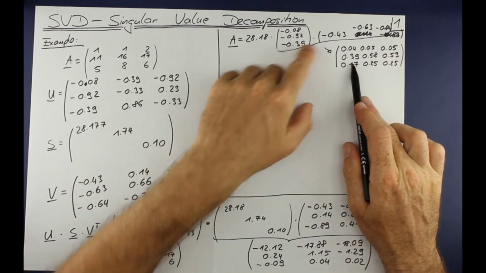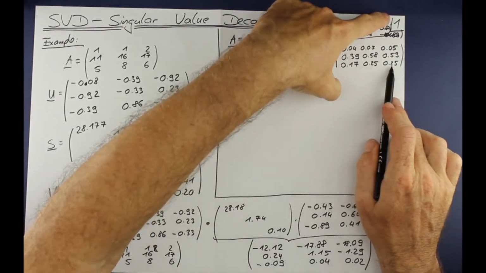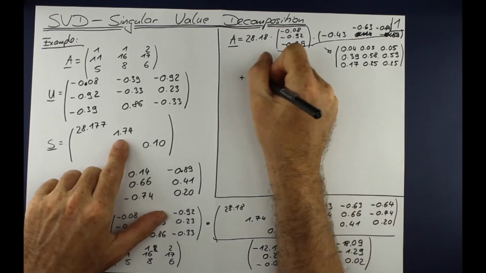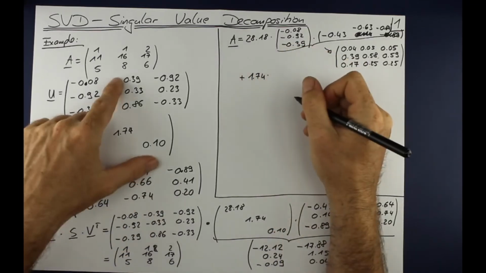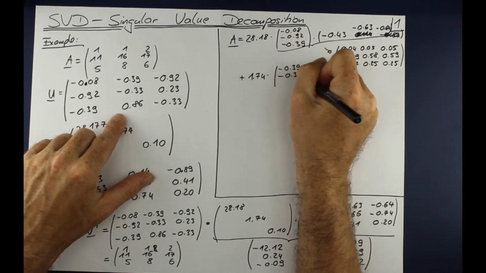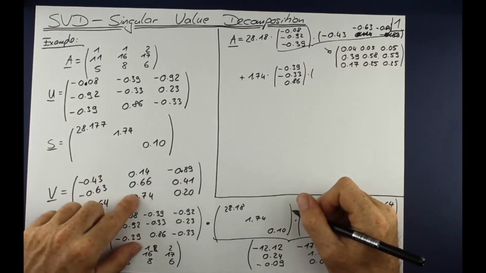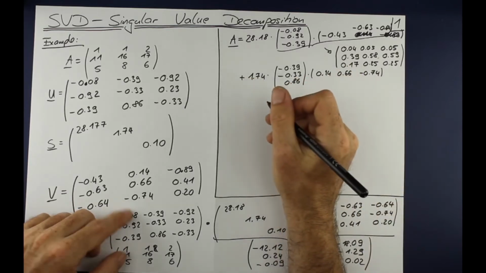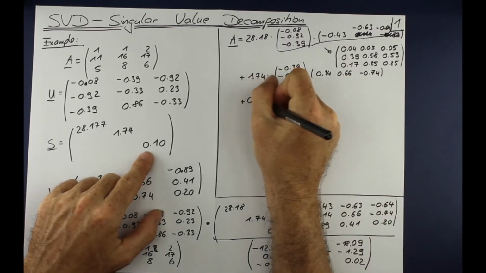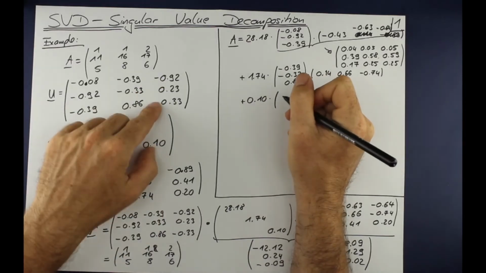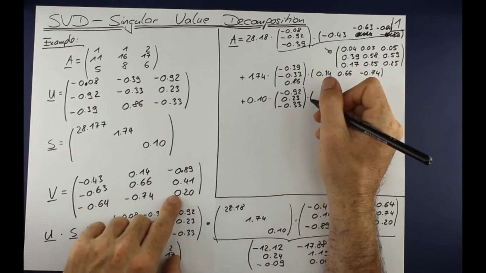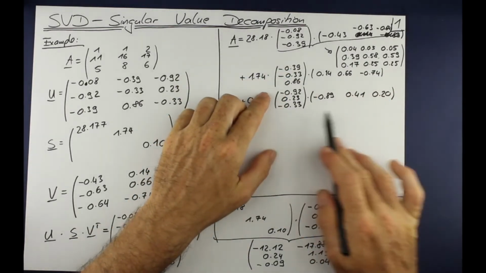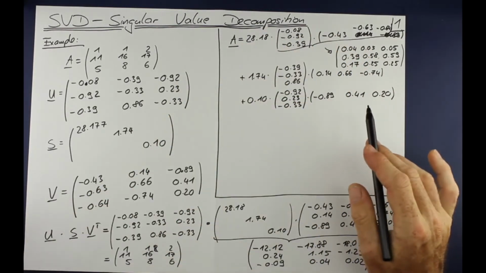So we get these 3 entries, a little less than half, and then plus the second singular value times the second column of U times this column transposed. I don't want to expand that. And then the third part is 0.10 times the third column of U times the third column of V transposed. And if you do all these calculations, then you will also get A.